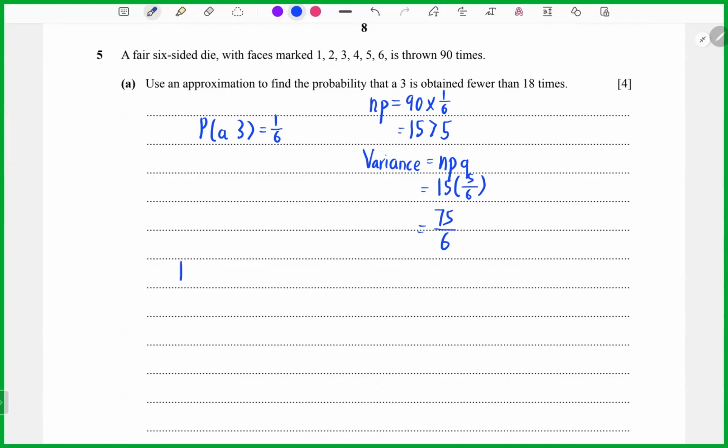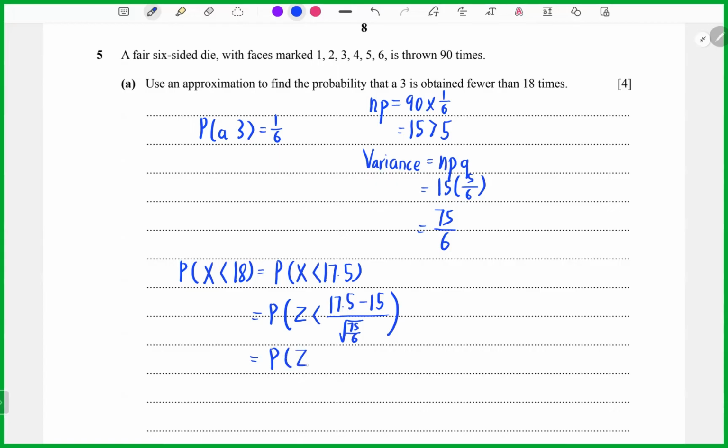Now you can see, because it says less than 18, so x less than 18, but you need to do the continuity correction. So x is 17.5. Now you need to change to the z score. 17.5 minus 15 divided by, because this is variance, we change to the standard deviation.